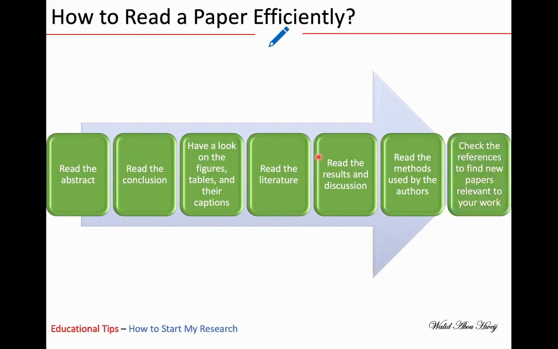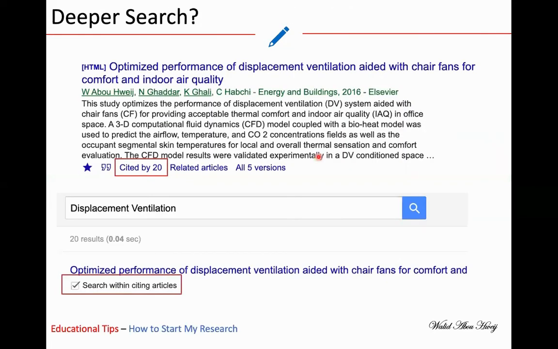So now you have found this paper is important and you want to search for more papers that cited this paper. Why? Because authors who cited this paper are more probably working on things relevant to your work. As such, you go to Google Scholar and hit Cited By, which is shown here in the red box.